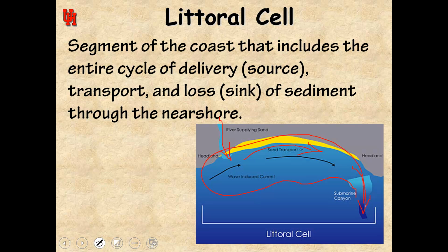Now, one of the things you might think about is the fact that because rivers are primary sediment sources for the coastline, any change that affects the sediment in a river is ultimately going to affect everything downstream, including the beach. So if we were to build a dam, for example, right here, trap the sediment, what would happen to the beach?